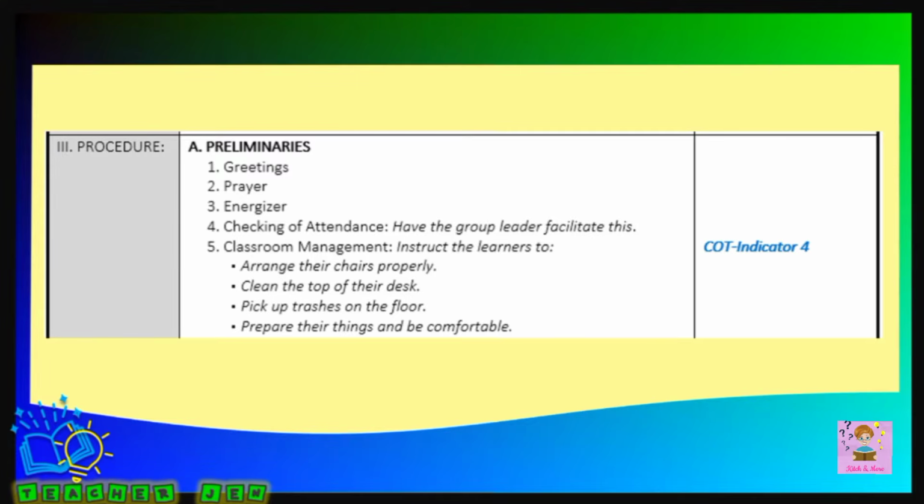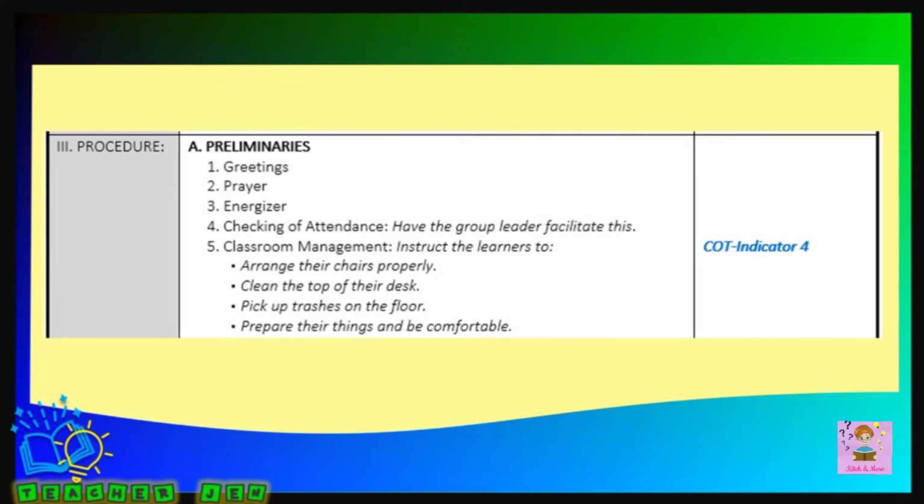So sa part pa lang na ito, pwede na nating ma-apply ang indicator na ito. I believe na sa pagset pa lang natin ng magandang classroom structure, like when we get inside the classroom, we instruct our learners to arrange their chairs properly, clean the top of their desk, pick up trashes on the floor, and prepare their things to be comfortable, ay isang malaking factor na to engage our learners all throughout the teaching-learning process.